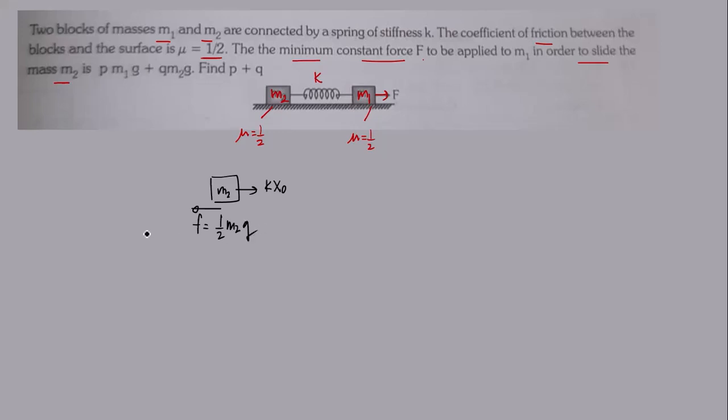So the condition to move the M2 block is Kx0 equals half times m2g.